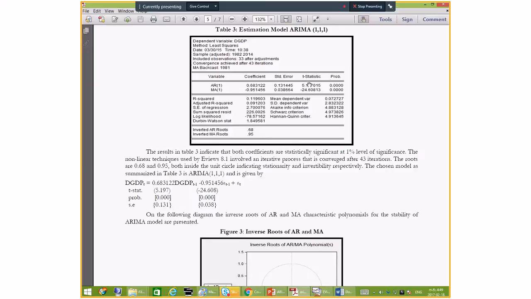See the probability statistics in these two columns. In the t-statistics column, the variables AR1 and MA1 are statistically significant because the probability values corresponding to the t statistics are less than 5%.